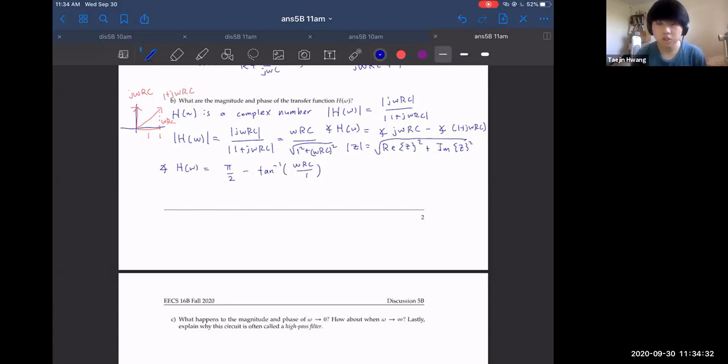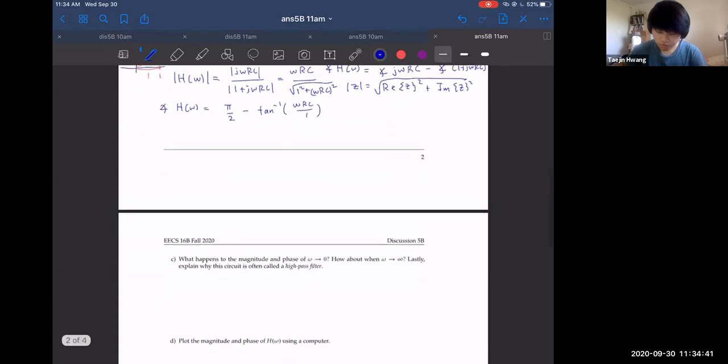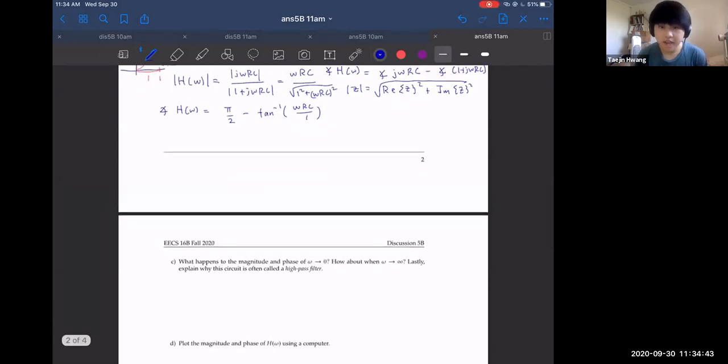Hopefully you all got a chance to take a good look at the question. Now let's take a look at how to actually solve it. We just need to take the magnitude and phase from the previous parts and analyze what happens at very small values of omega and very large values of omega.